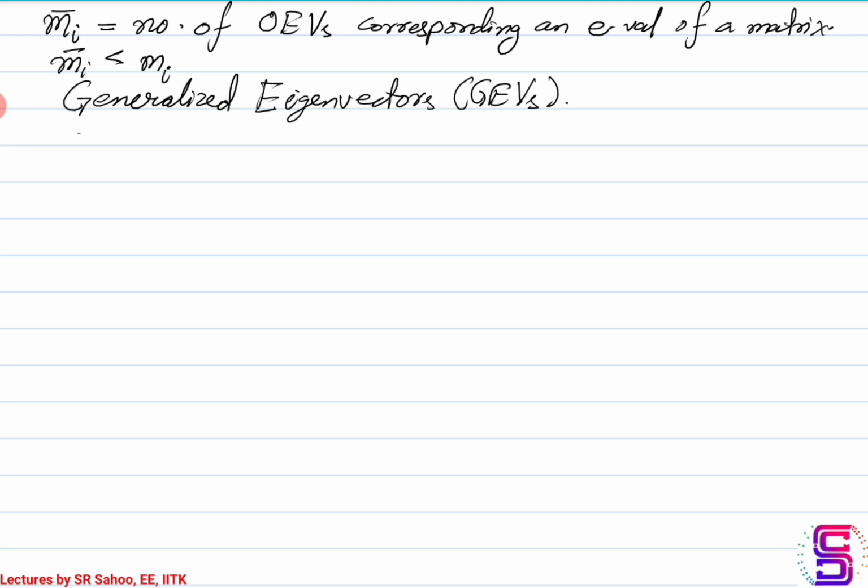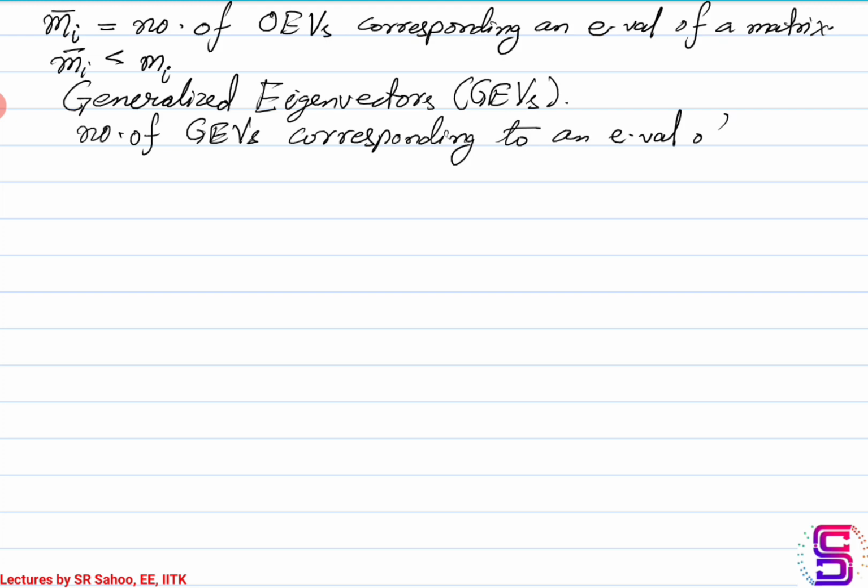The number of generalized eigenvectors corresponding to an eigenvalue of a matrix is the difference between the algebraic multiplicity and the geometric multiplicity corresponding to the eigenvalue under consideration.